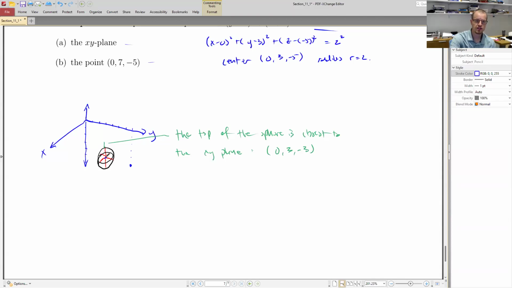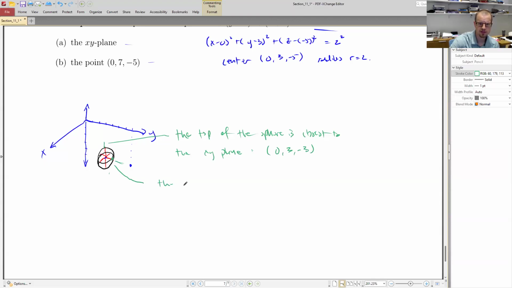This is actually just a direct move in the y direction from the center of the sphere. So that's actually going to identify for us exactly what that point is. So this point right here is going to give us, so that distance is minimized.